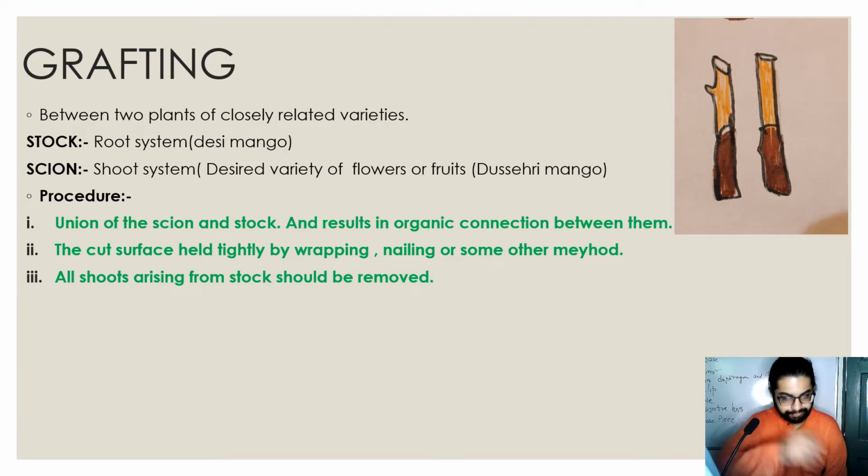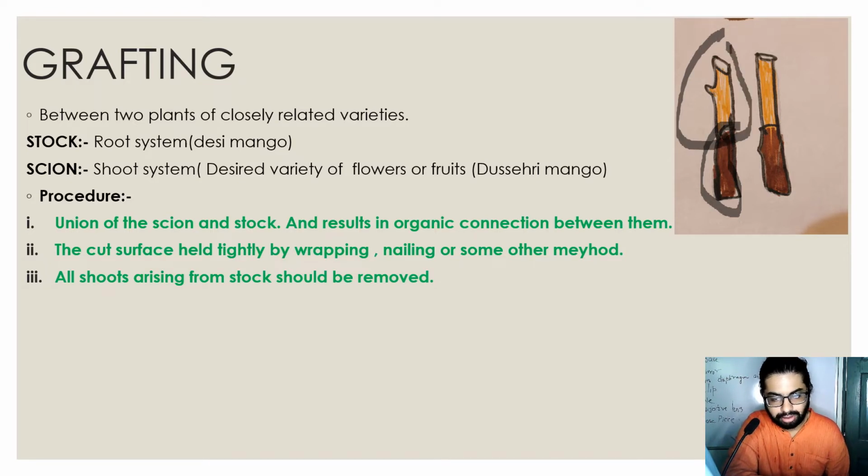So here you see I have mentioned with two colors. This is the stalk portion of one variant, and this is the scion, the other portion of another variant. These two parts, stalk and scion, are joined here, and some hormones are applied.